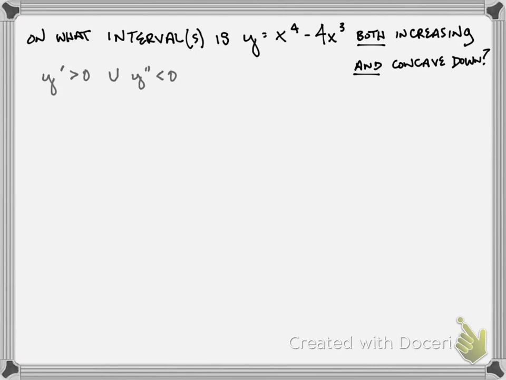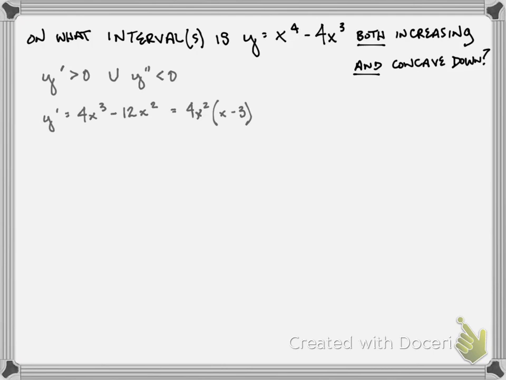Okay. So y prime is equal to 4x cubed minus 12x squared. I can factor out a 4x squared, and when I do, we're left with x minus 3.